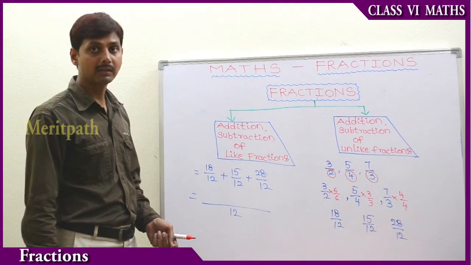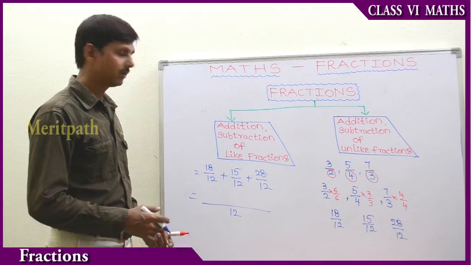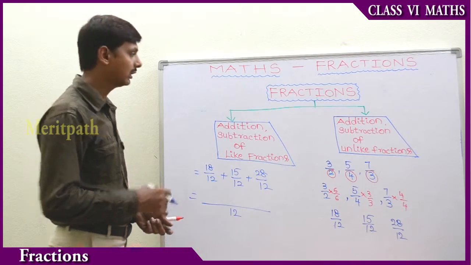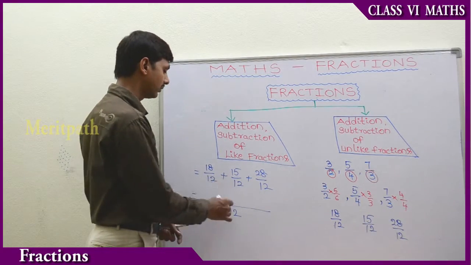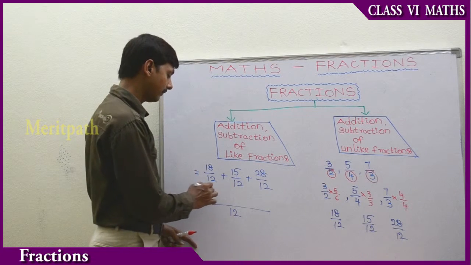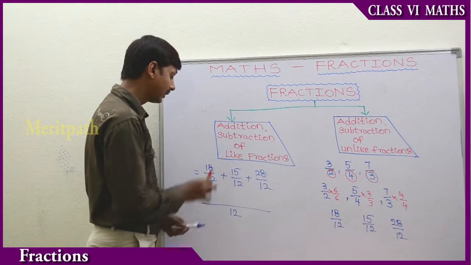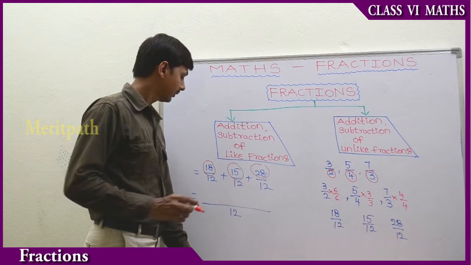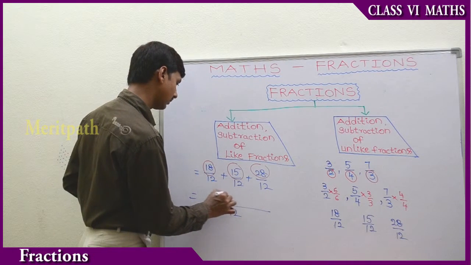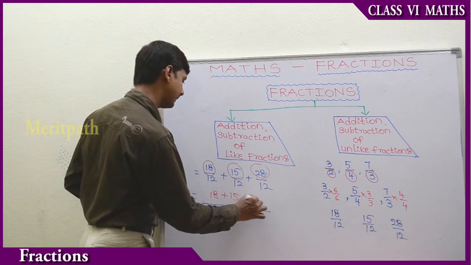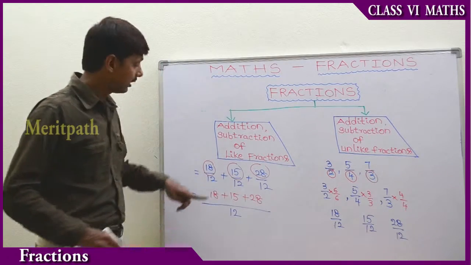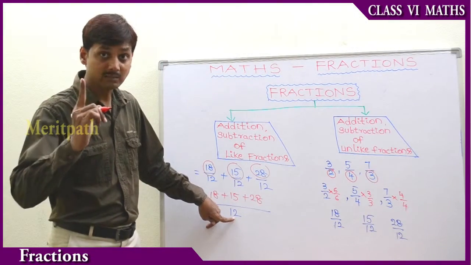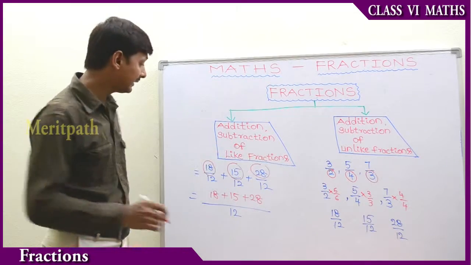Now we can add the numerators: 18 plus 15 plus 28. We take the denominator once, and the numerators all will be added.